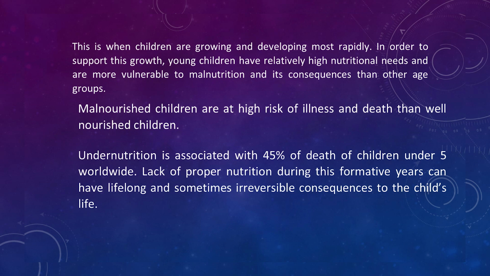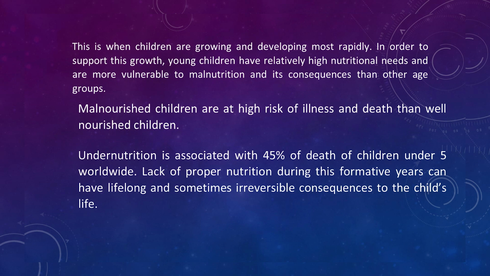So, during this birth to 5 years of age, the child is growing faster, its organs and limbs are developing, and the child is getting somatic and mental growth also. That time good nutrition is required, and if they do not get good nutrition during this period, they may have developmental problems.